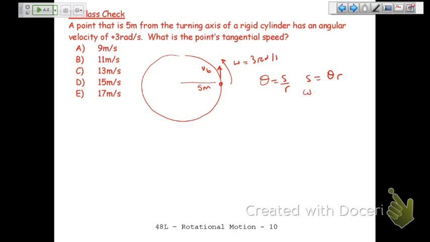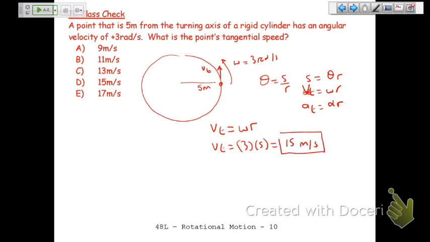Vt is equal to omega R. And I remember At is equal to alpha R, angular. So Vt is equal to omega R. So Vt is equal to 3 times 5, which equals 15 meters per second. Works out nicely.